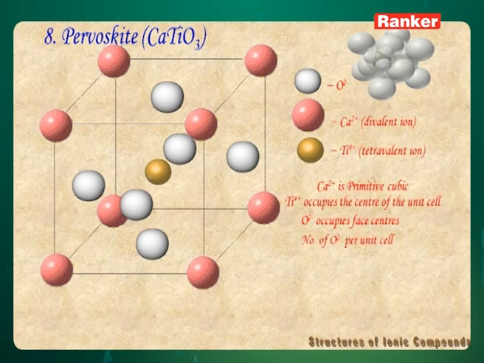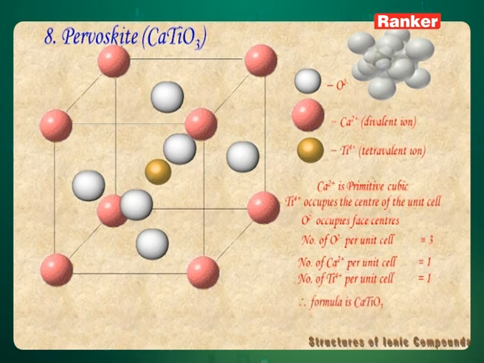So, the number of oxide ions per unit cell: they are at the face centers, we have 6 faces and the contribution is half, so 6 into half is equal to 3. Calcium ions per unit cell is 8 into 1 by 8, that is equal to 1, and titanium ion is at the center of the cube, so that is also equal to 1.